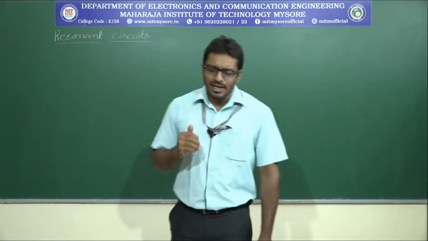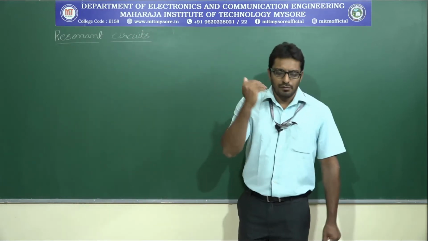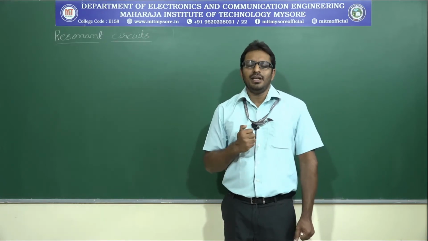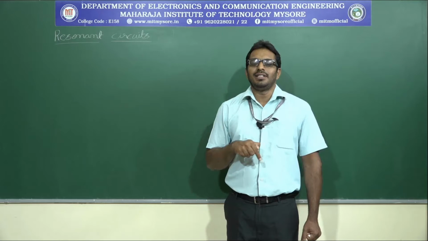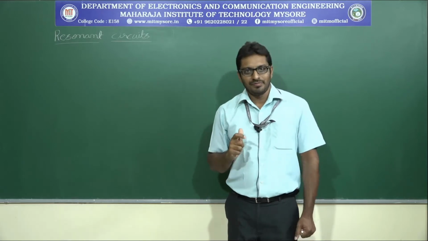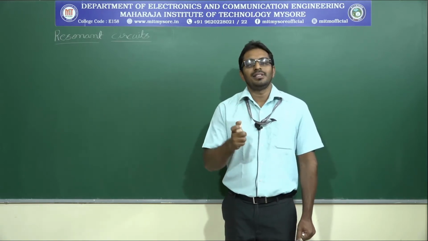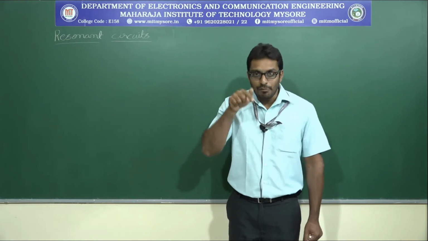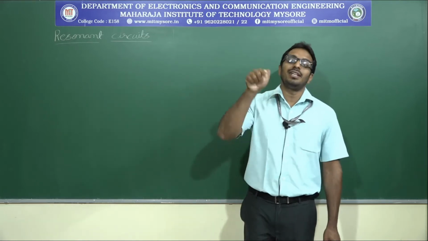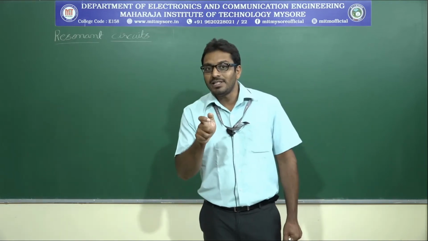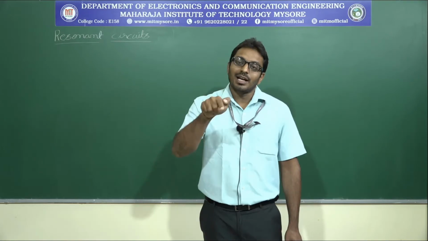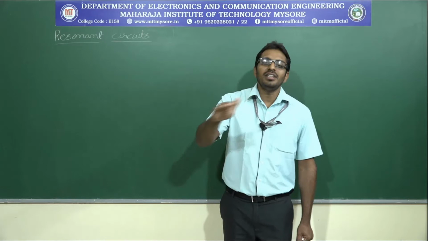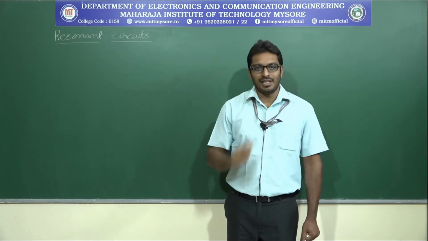Is it clear? In any AC circuit, for example in a series RLC circuit, at resonant condition the current is maximum. The frequency at which resonance occurs is known as resonant frequency, and that condition is known as resonant condition.